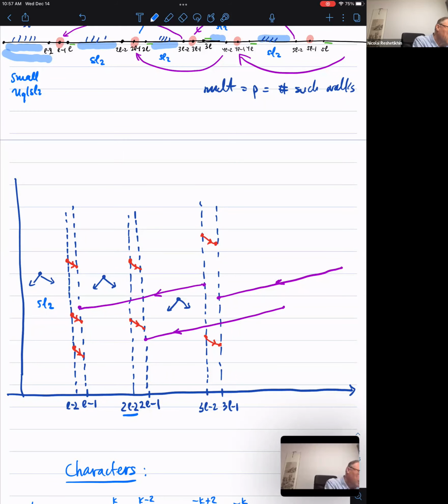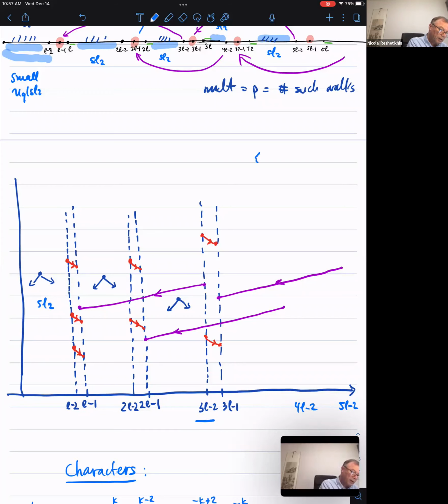Not actually from this place, it's too small, but from all these places over here. So that would be 4L minus 2, 5L minus 2, and so on. And so this is the kind of lattice path.